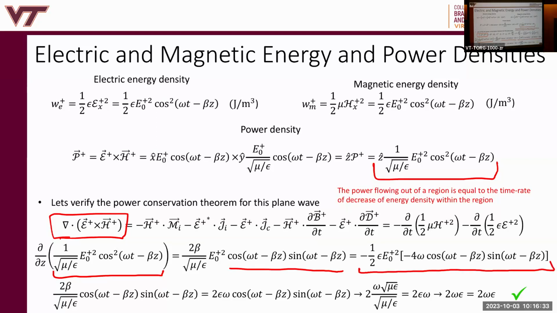So 2 beta square root of mu over epsilon cosine times sine. And then we have this expression, 2 epsilon cosine times sine. So if we expand beta in terms of, okay, so that's equal to that, right?